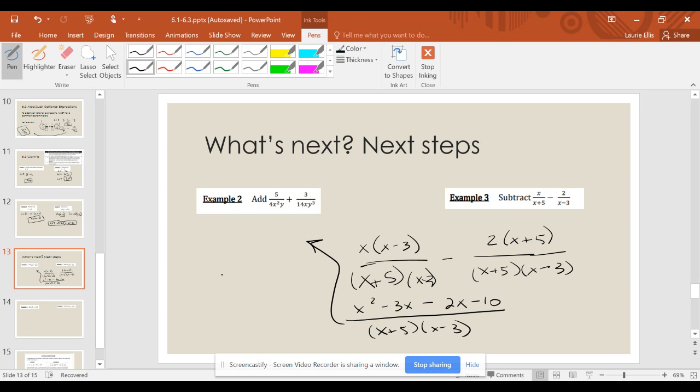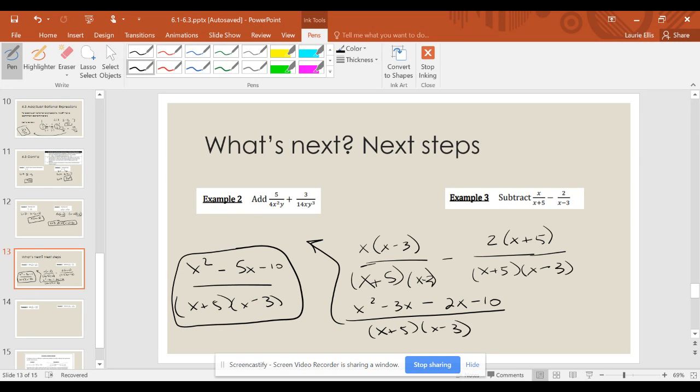My numerator becomes x squared minus 5x minus 10 over x plus 5, x minus 3. Okay, that is my answer. Now you can look to see, is anything going to cancel? It probably won't, but it's not a bad thing to look and see if it's going to cancel. But that is my final answer.